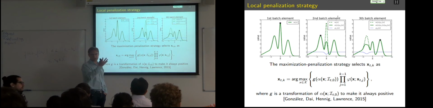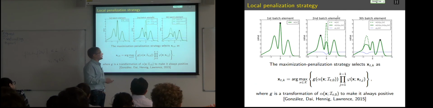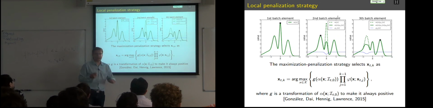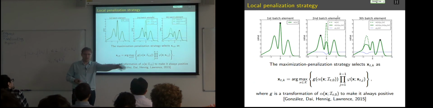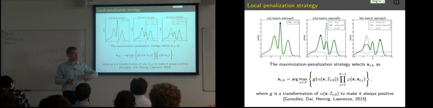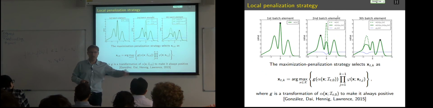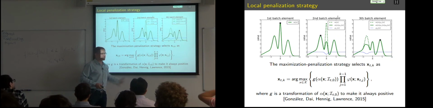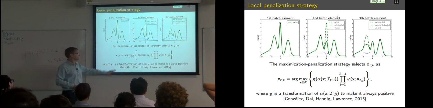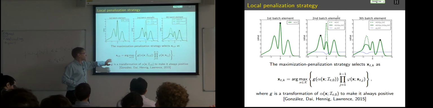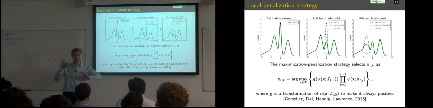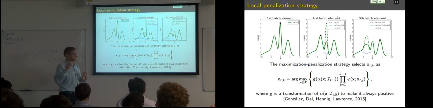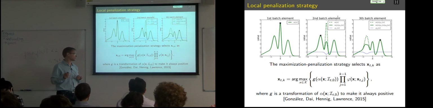I need my acquisition to be positive, and that's what this G does, times the penalizers that I create every time I collect a new data point. So you have completely removed the marginalization step. Now you don't need to do the integral anymore, and you simply replace that by the maximization of this function that you need to do when you want to collect each point in the batch. I did this a bit fast, but at least you get an idea of what you're doing.